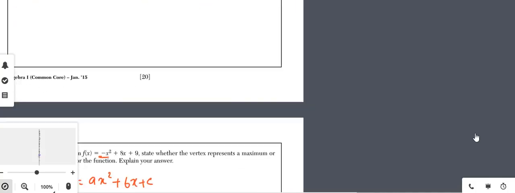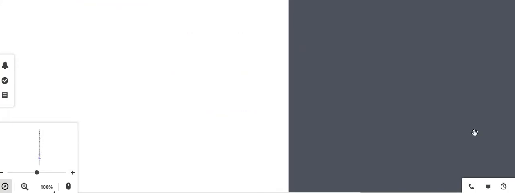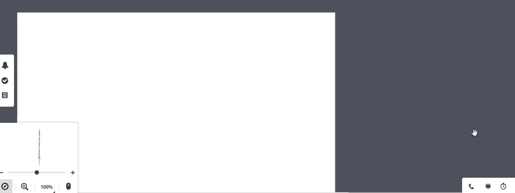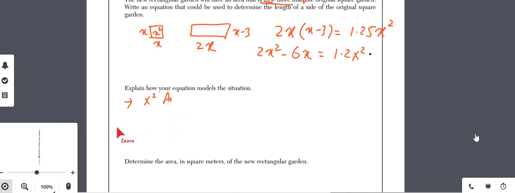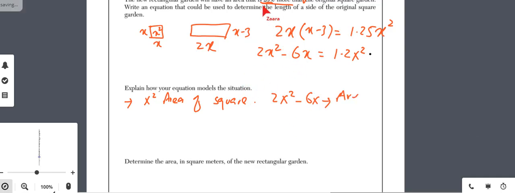So what I was saying, we said that x squared is the area of the original square, and 2x squared minus 6x is representing the area of the rectangle.